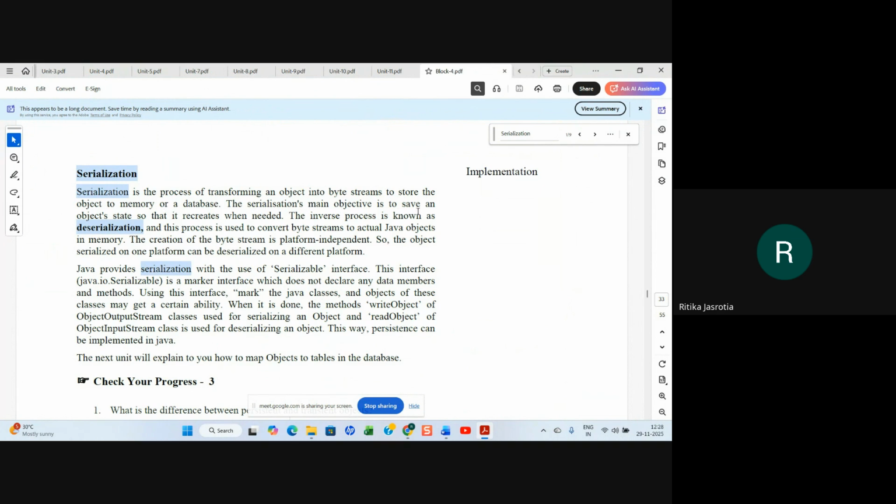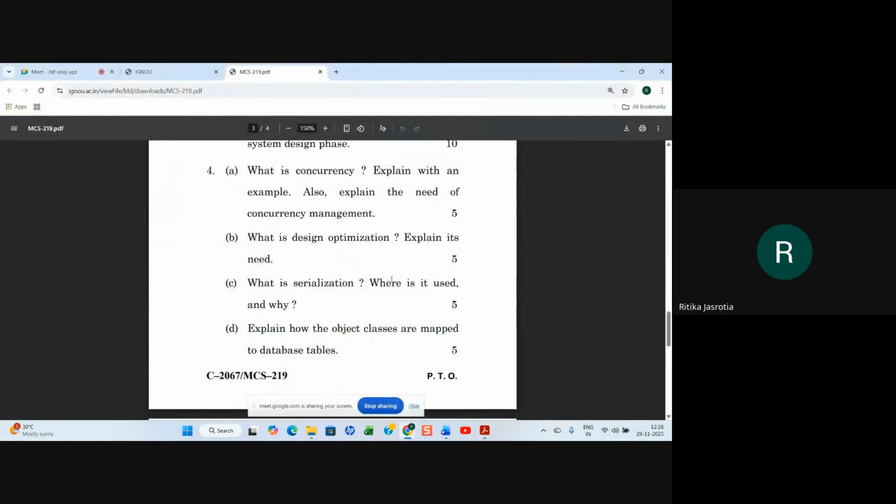The main objective of serialization is to save an object's state so that it can be recreated when needed. The inverse process is known as deserialization, and this process is used to convert a byte stream to actual Java objects in memory. The creation of the byte stream is platform independent, so an object serialized on one platform can be deserialized on a different platform. So that is what serialization is, and where it is used and why we have already covered.